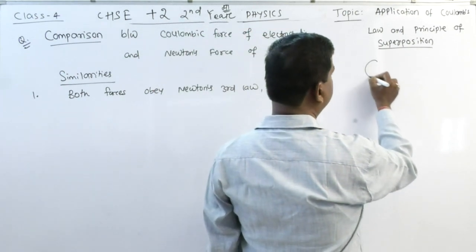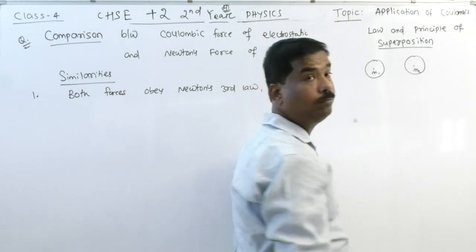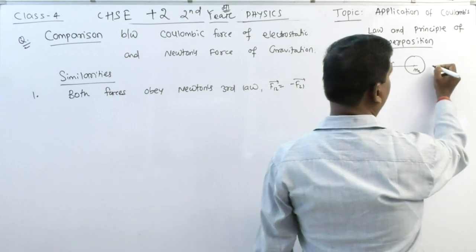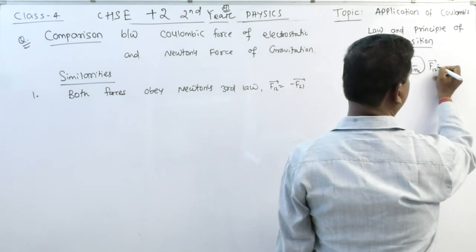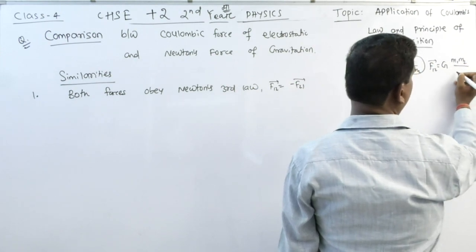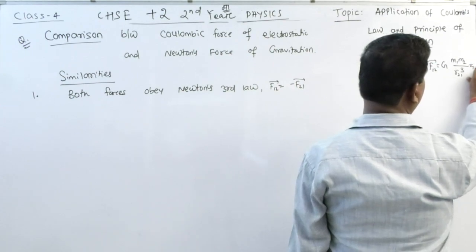How? Let this be a mass m1 and this be a mass m2. If the distance between them is r, then we have written F12 is equal to G m1 m2 by r square into r21 vector.